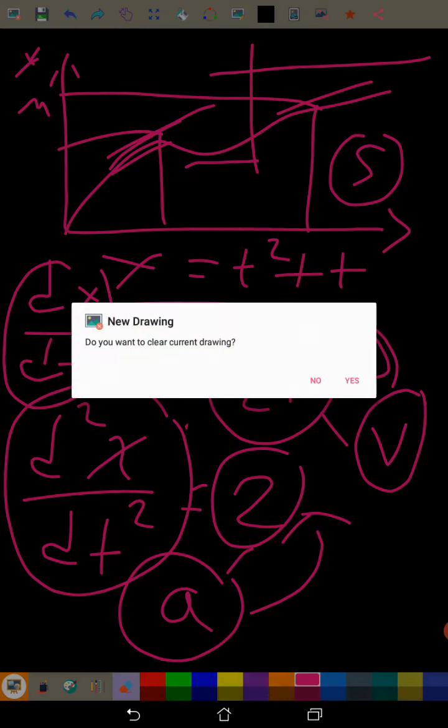So that was an introduction to the second derivative, and it's used in physics to calculate the instantaneous speed, or the average speed, and so on.